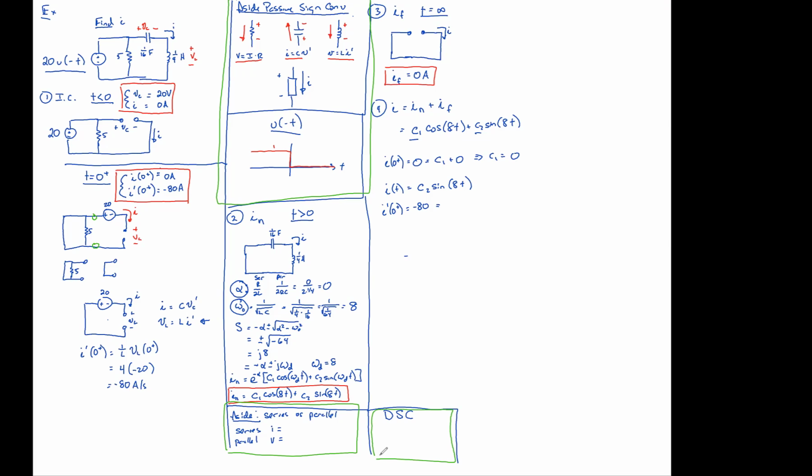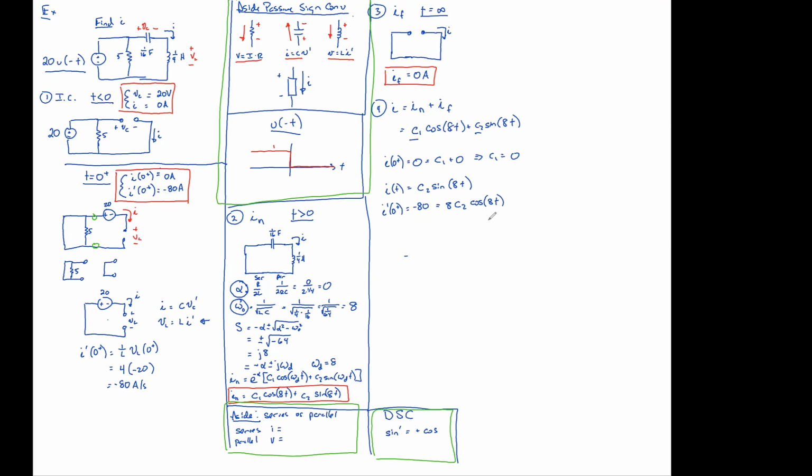DISC says the derivative of sine is positive cosine. So we want to take the derivative of the sine, so we're going to get a positive cosine, and that's positive 8 C2 cosine of 8t.